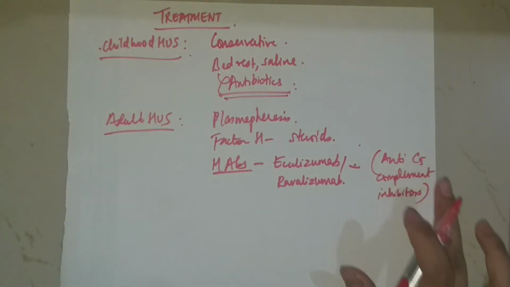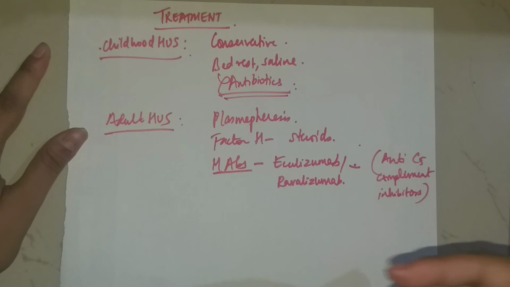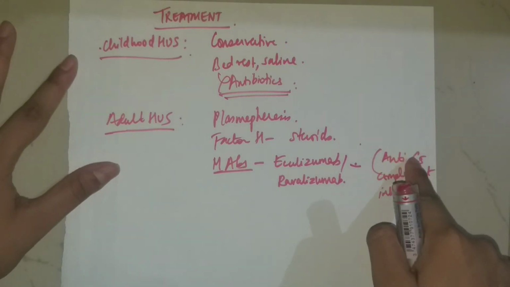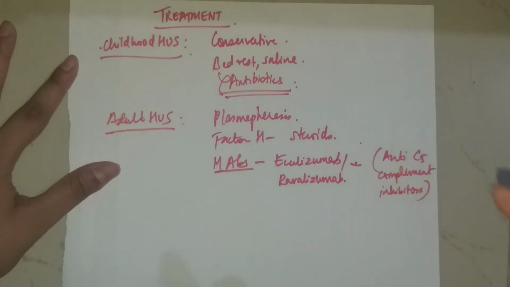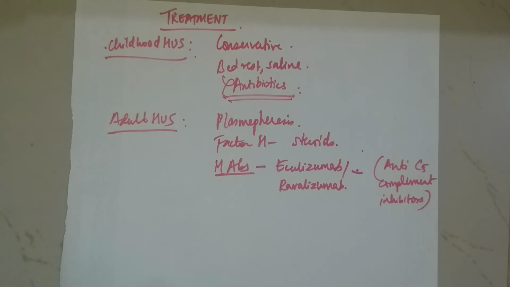So the C5 complement protein is involved in the formation of the MAC, the membrane attack complex, in which a subunit of C5, C6, C7, C8, and C9 are together forming that complex, which is helping in destruction of the damaged cells and the microbes.